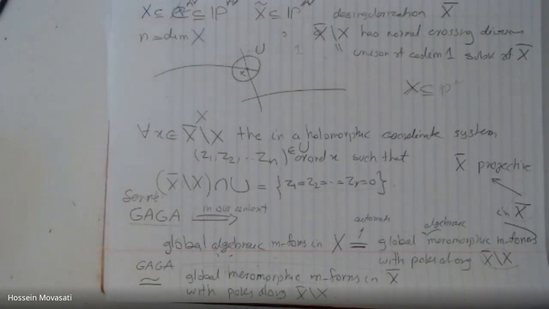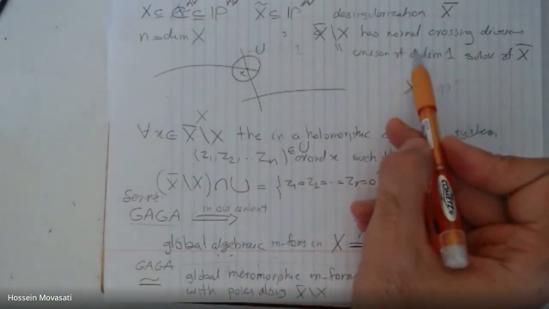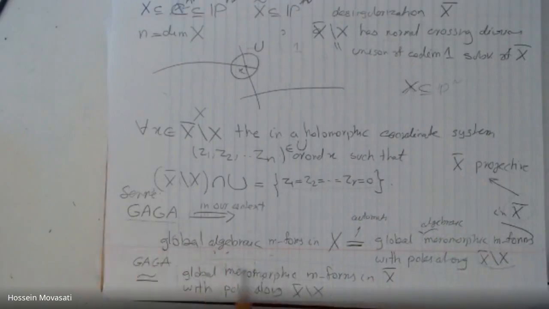Anyway, I don't know if I will be back to the proof of the Atiyah-Hodge theorem, but this is the beginning of the proof using the desingularization of Hironaka, and then using GAGA to get this statement.